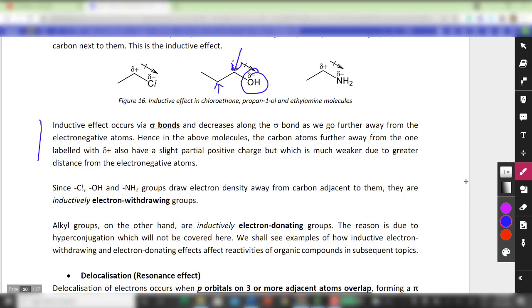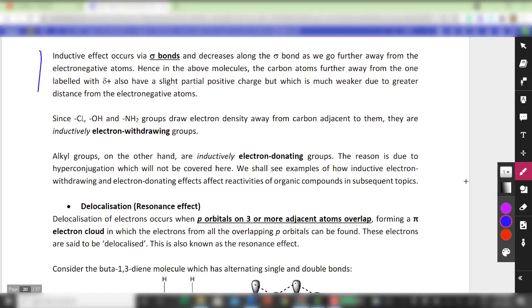Sometimes there are groups we call inductively donating, and these groups are usually R groups, alkyl groups. The donating effect is actually not in the H2 curriculum. One part of the effect is known as hyperconjugation, but this is not in the H2 curriculum, so I wouldn't want to discuss too much about it, or we can discuss it more in our tutorials.